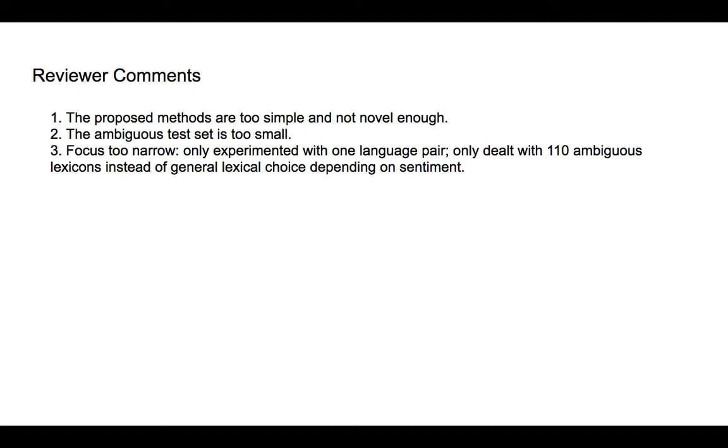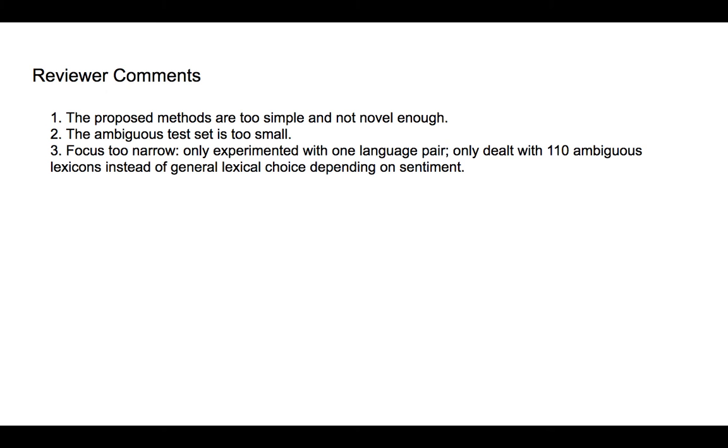And another negative comment is that they think the focus of this work is too narrow because we only did experiments on one language pair, which is English to Chinese, and we only dealt with 110 ambiguous words instead of dealing with the general lexicon choice depending on sentiment problem, which is more general but also broader. So that's the end of the introduction.